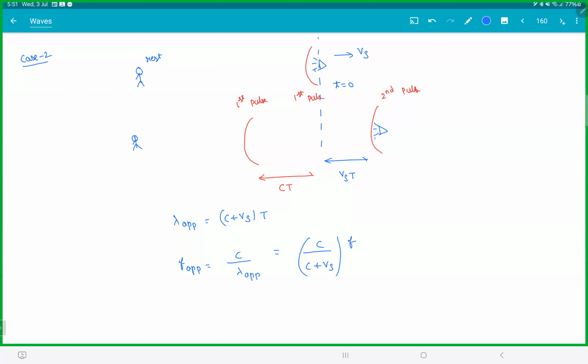So in this scenario, the frequency decreases. So this is what happens whenever the source moves. It messes up the wavelength. When the source moves, the wavelength changes, and therefore the frequency changes.